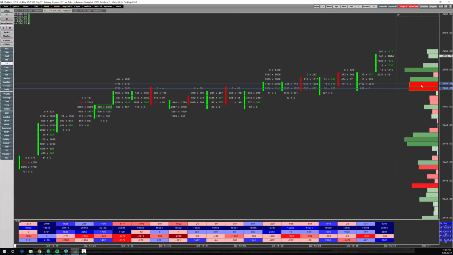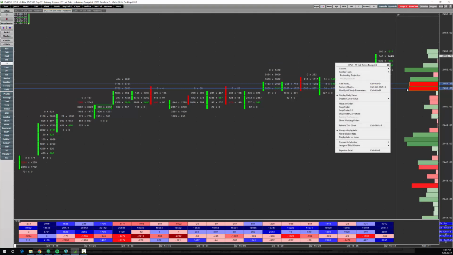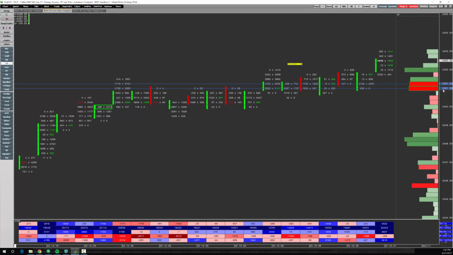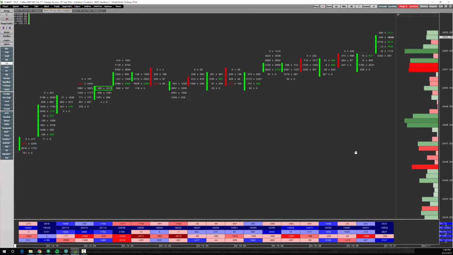The point is that the delta profile shows you what the delta is at each price. Let me remove these horizontal lines. It gives you an idea of where they're stuck long, stuck short, and where there may be support and resistance.